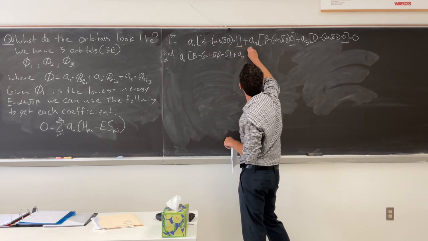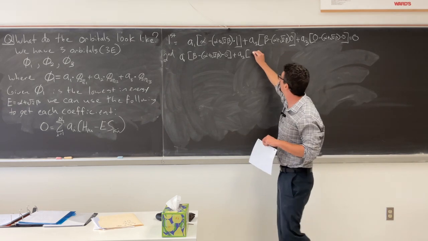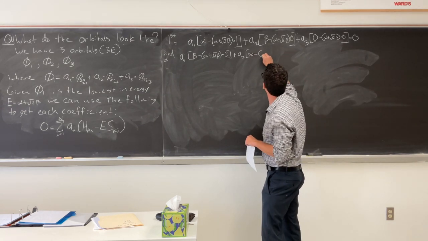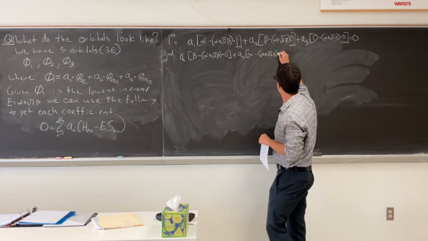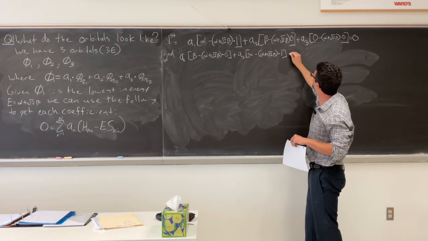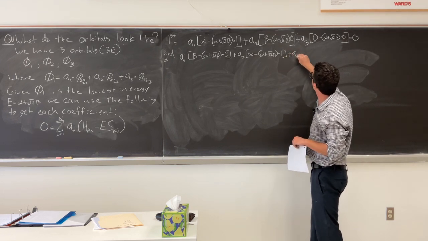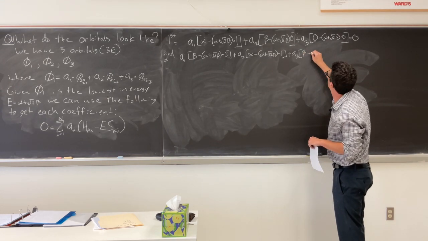Plus A2. What does that first bit become? Not beta, but alpha, minus alpha plus 2 beta, and that's multiplied by what? 1, yep. Then we got A3, which is just going to mimic that first one.